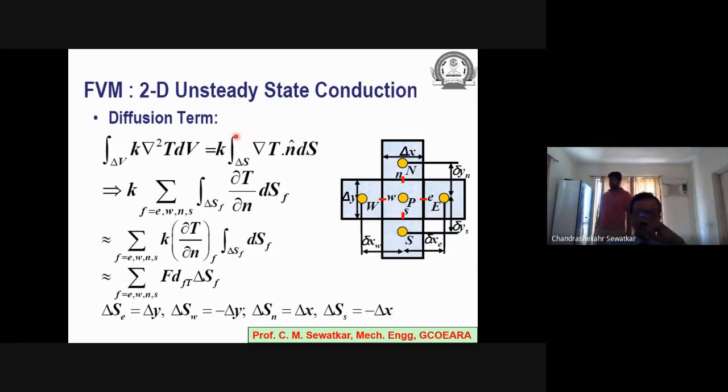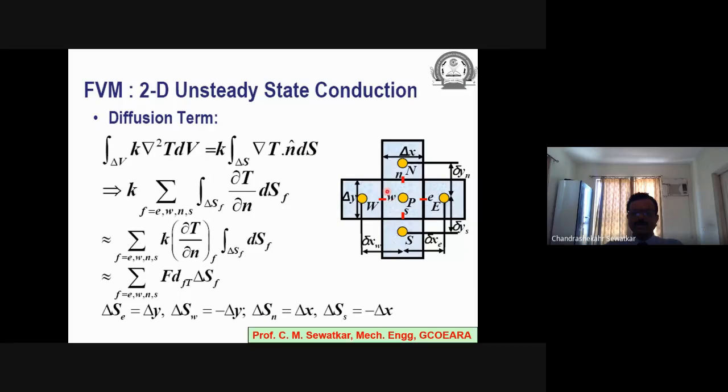So this integral is on the entire surface, all the four surfaces together. We can divide it into four different surfaces: east, west, north, south. So I can write the first integral as integral over delta S east of grad T for east face into dSE.